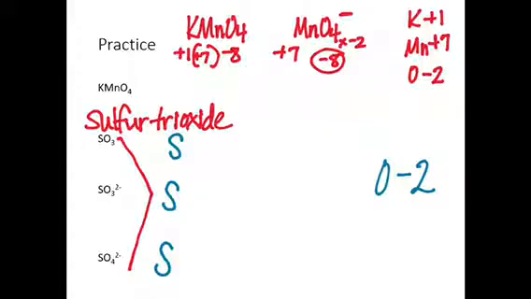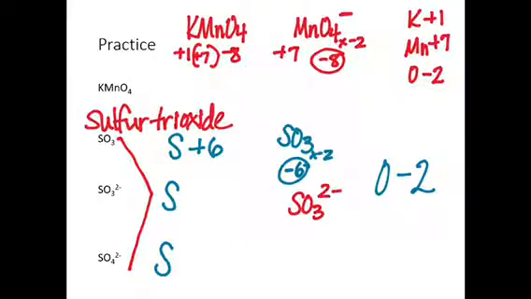So if I have my SO3 and I take this times a -2, that means I have a total of a -6 charge. Well, this is a neutral compound because there is no charge on it, so that means that my sulfur has to be a +6 so they can balance each other out. In the case of sulfite, now I have SO3 with a -2 charge.